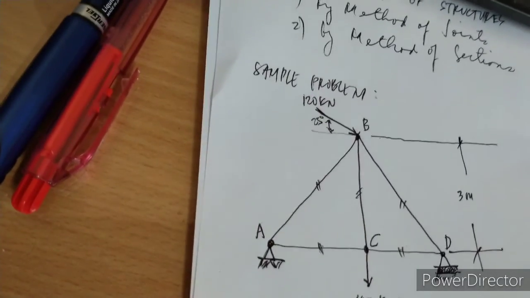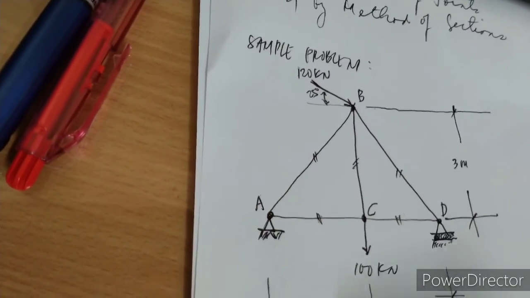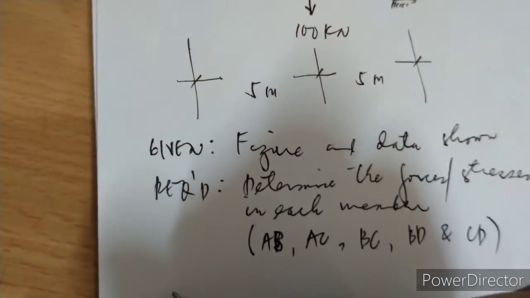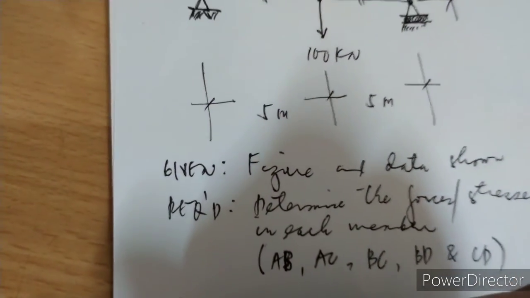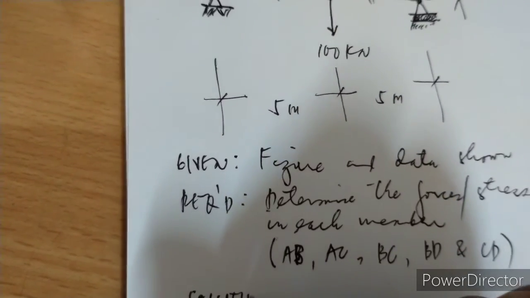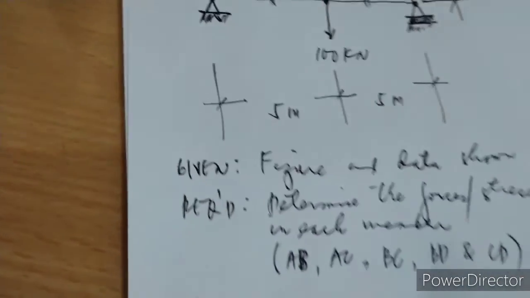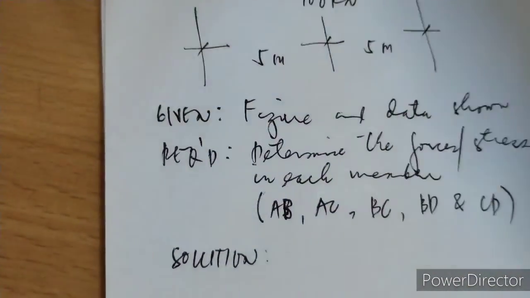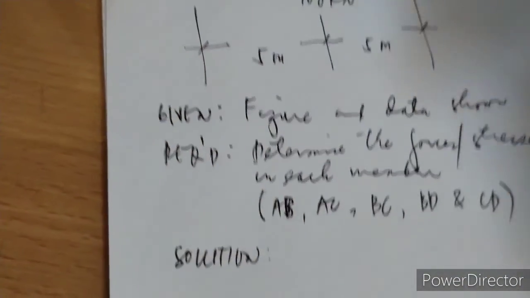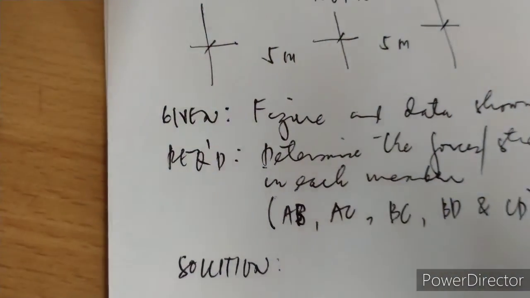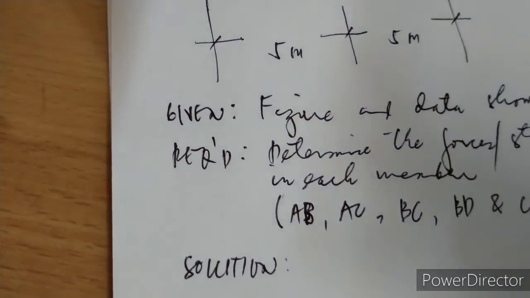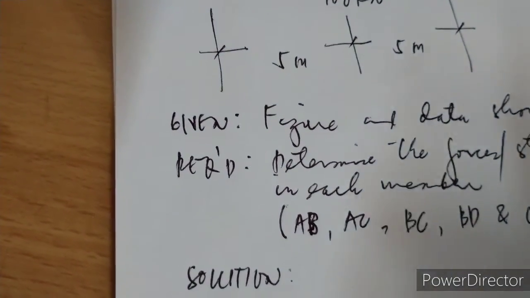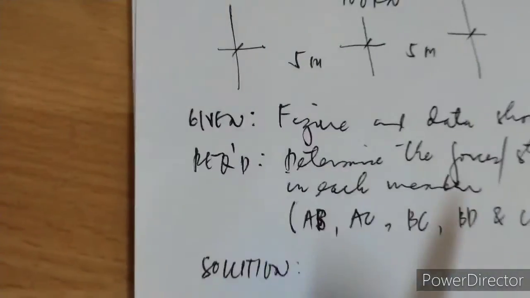Okay, so next, we need to also write the solution. This is the process that we have usually been doing ever since. You need to state the given, identify the requirements, and of course the solution.